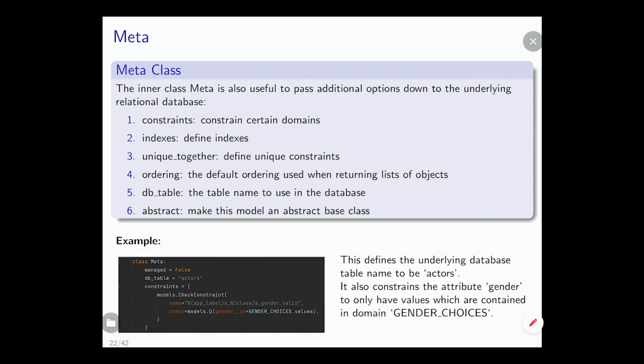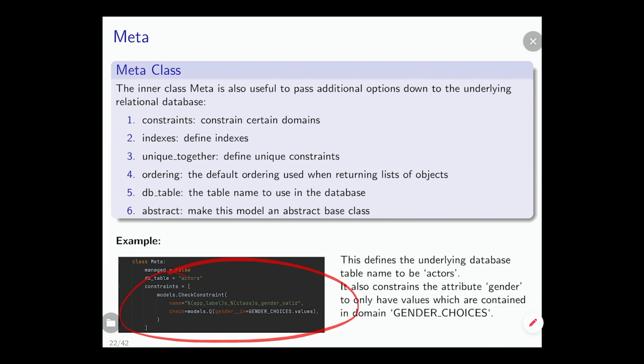You can also specify the database table name. We do that in our projects often because it makes it more readable. You can do things like make a model abstract for subclassing, of course. That's very useful. Here's an example where you add a constraint. So here's a list of constraints being added to the database table.